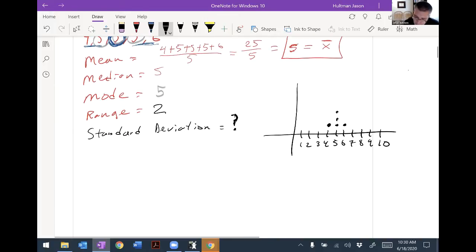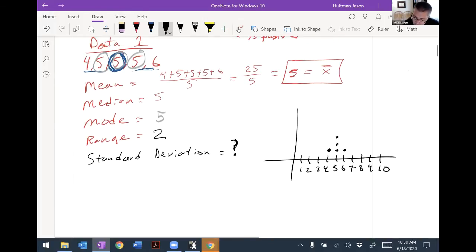Okay. Now let's look at data set 2 real quick, because I want to compare two data sets before I define what standard deviation is.